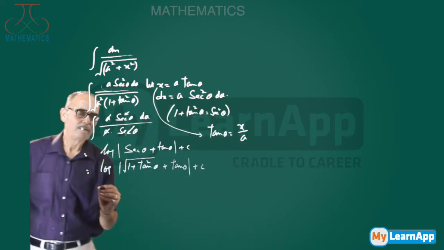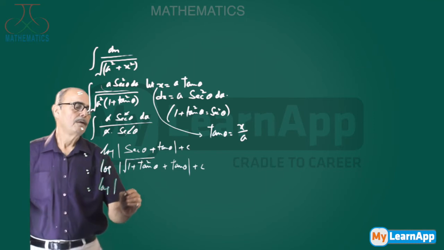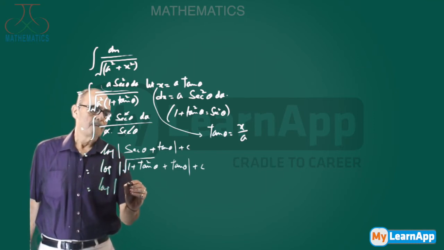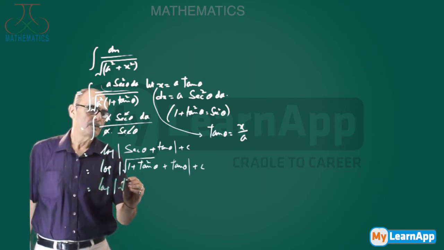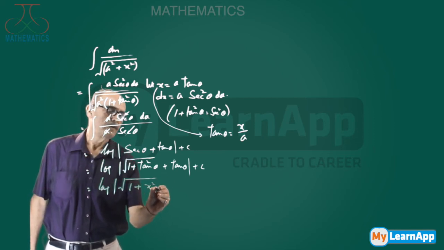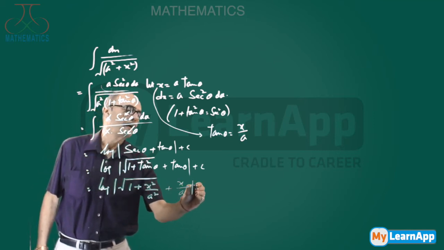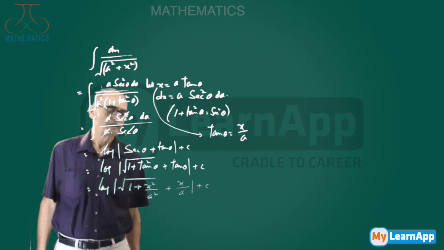So substitute the value of tan theta here. We have log of under the root 1 plus x square upon a square plus x upon a plus c.